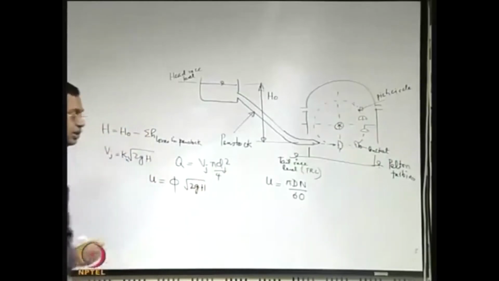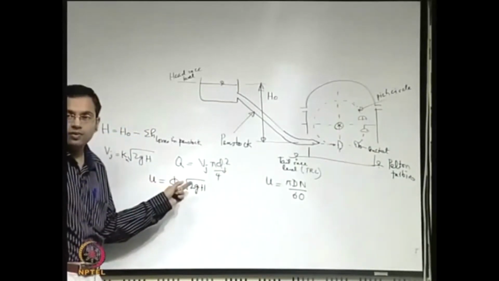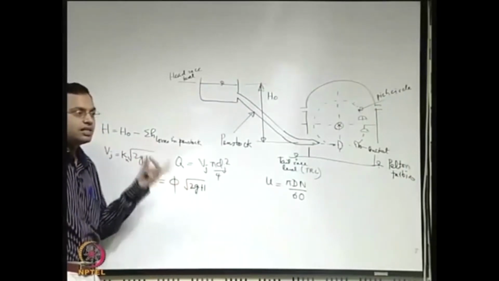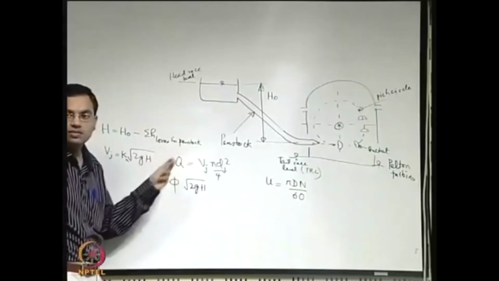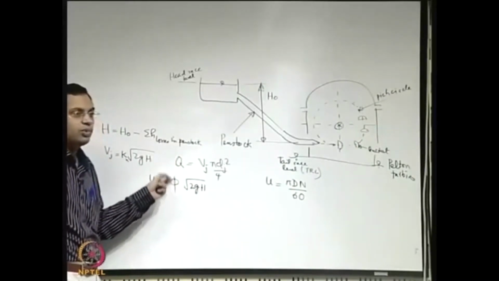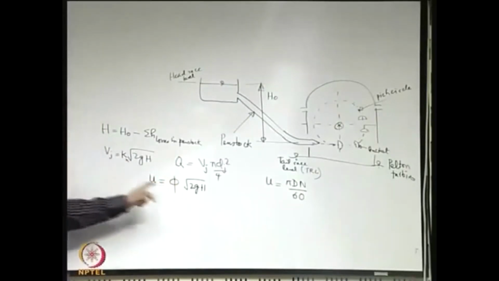We will see that theoretically an ideal value of this parameter phi is 0.5. We will prove that theoretically, but the practical value is a bit less than that because of the losses in the nozzle and so on. So, the practical value is like 0.46, 0.47 like that, but the theoretical value is 0.5, that we will show.